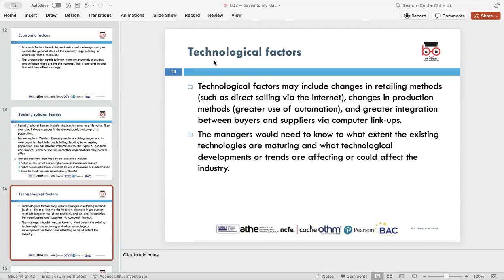It is essential for company management to have a comprehensive understanding of the extent to which present technologies are attaining maturity, as well as the technical advancements or trends that are influencing or have the potential to influence the sector.